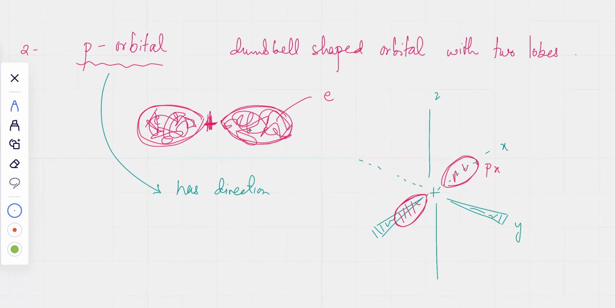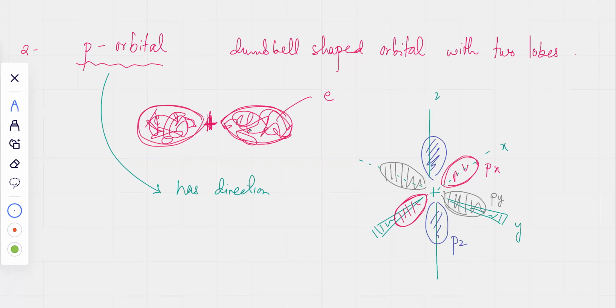Then the electron might occupy areas on the y-axis, one lobe over here, one lobe over here. The electron would be buzzing in these areas on the y-axis. That would be known as the py orbital. And the last one: the shape is exactly the same except the electron is occupying regions on the z-axis. That would be called your pz orbital.